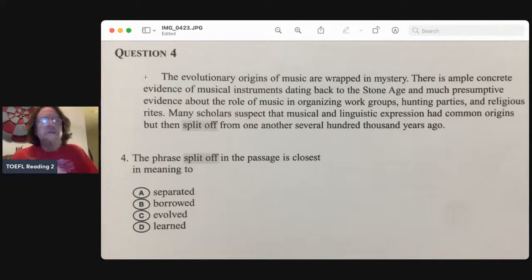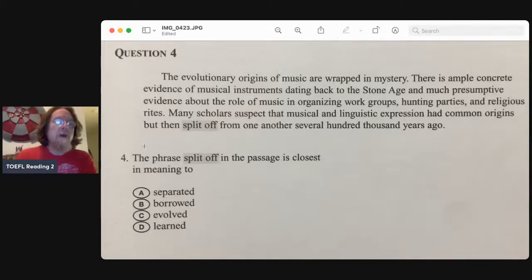Many scholars suspect that musical and linguistic expression had common origins, but then split off from one another several 100,000 years ago. Split off. Let me read the last sentence with split off one more time. Many scholars suspect that musical and linguistic expression had common origins, but then split off from one another several 100,000 years ago.